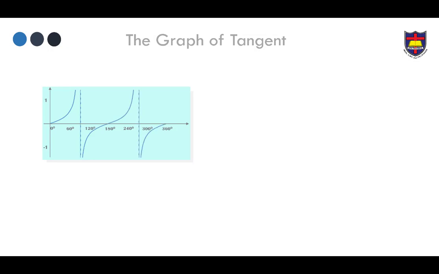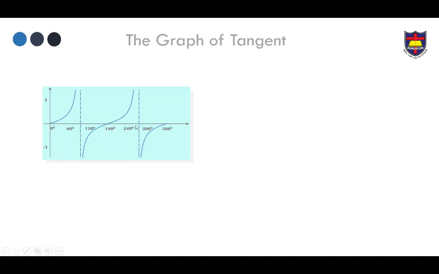For the graph of tangent, you can try it on any graphing calculator, and you can see this kind of graph. This is a little bit unique since we can see it starts from 0 at 0 degrees and goes to infinity, because sine over cosine for x equals 90 degrees will be infinity or undefined. So it has this line at x equals 90 degrees, which is called the asymptote of the curve.